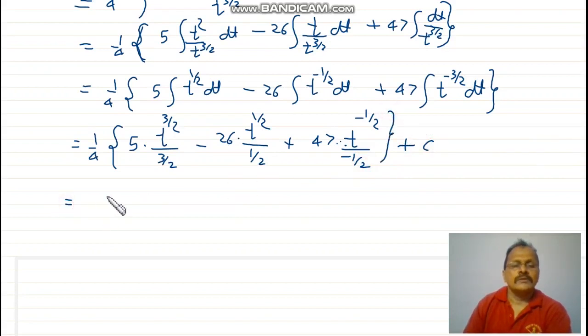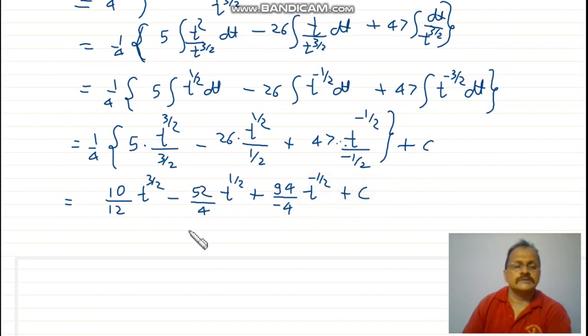Equal to 5 2s are 10, 10 upon 12 t raised to 3 by 2 minus 52 upon 4 t raised to half plus 94 upon minus 4 t raised to minus half plus c equal to 5 by 6.